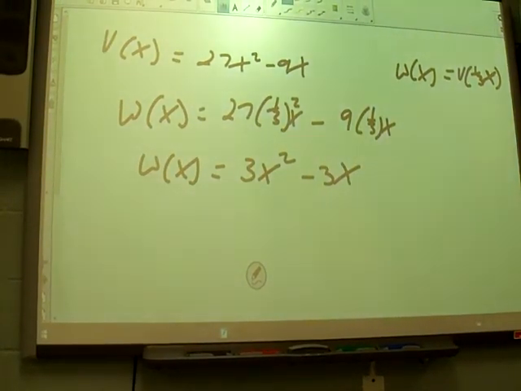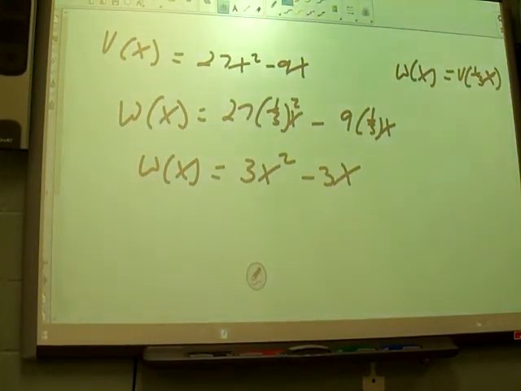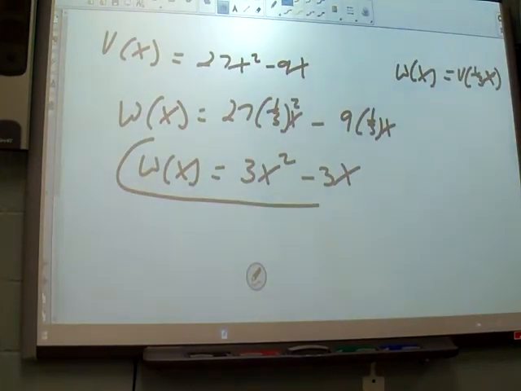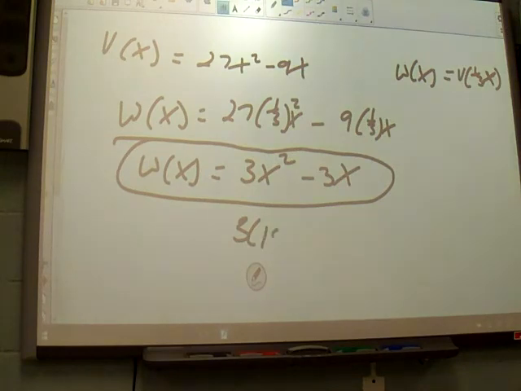Now the next question says, with our new formula here, what would W of 15 be? So it wants us to work this out now, plug in a 15.